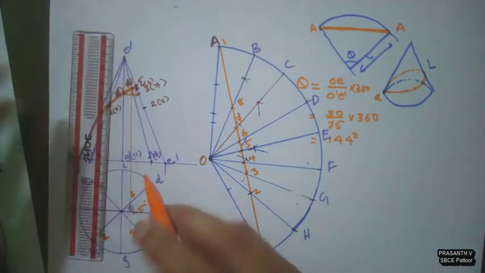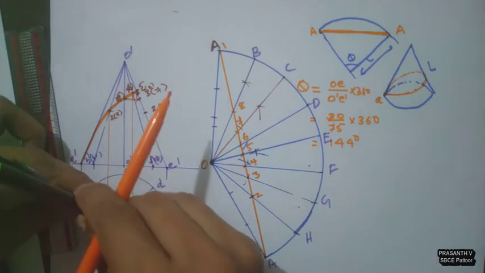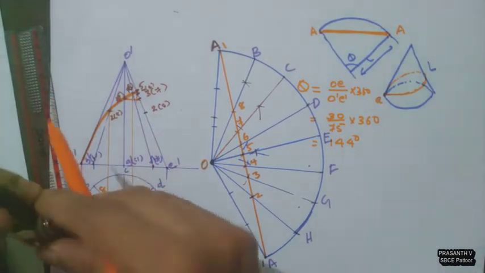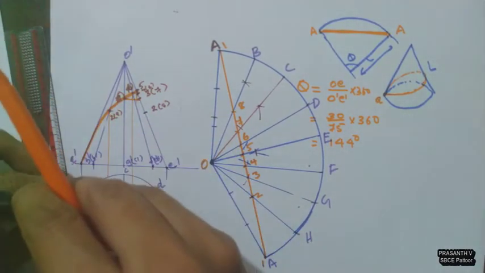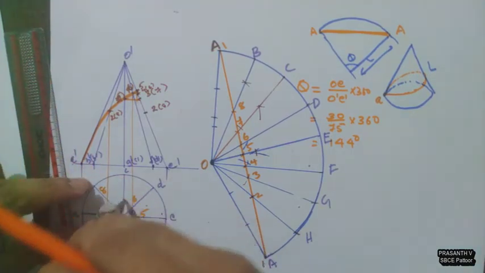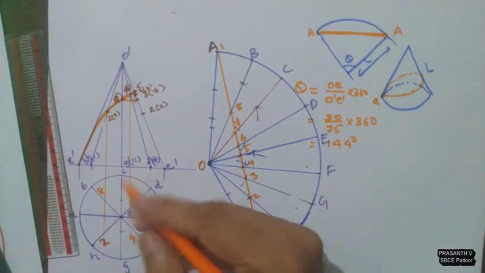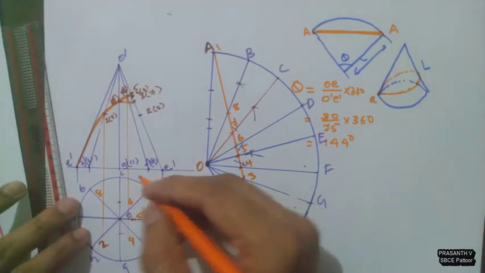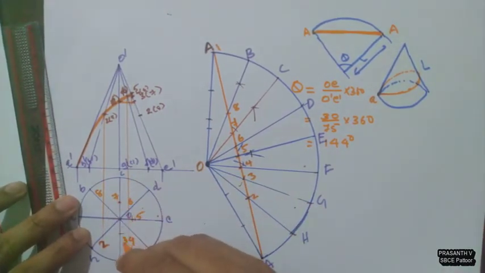Place it on the horizontal line. From center, take that distance. So this is point 7 and 3.